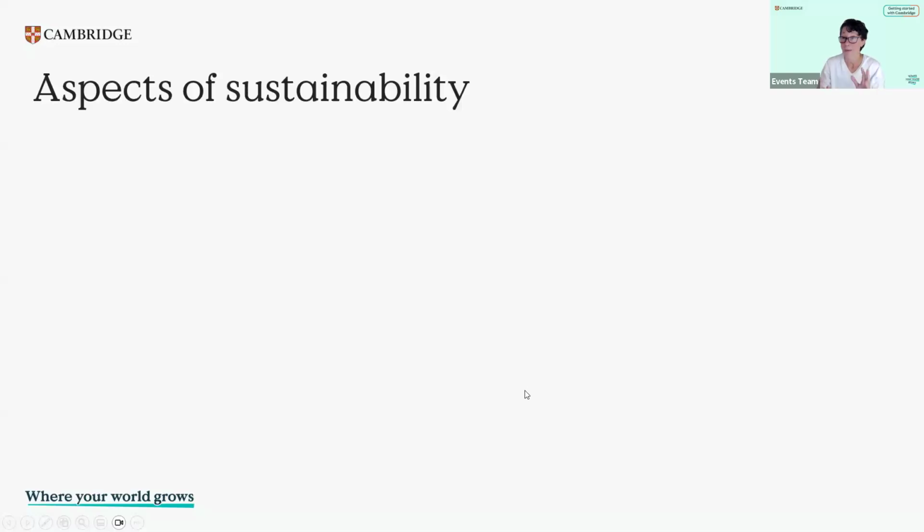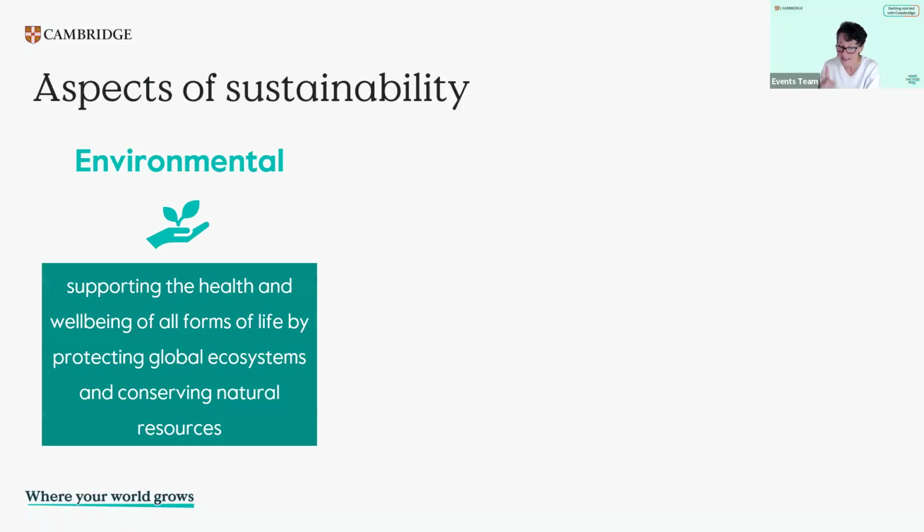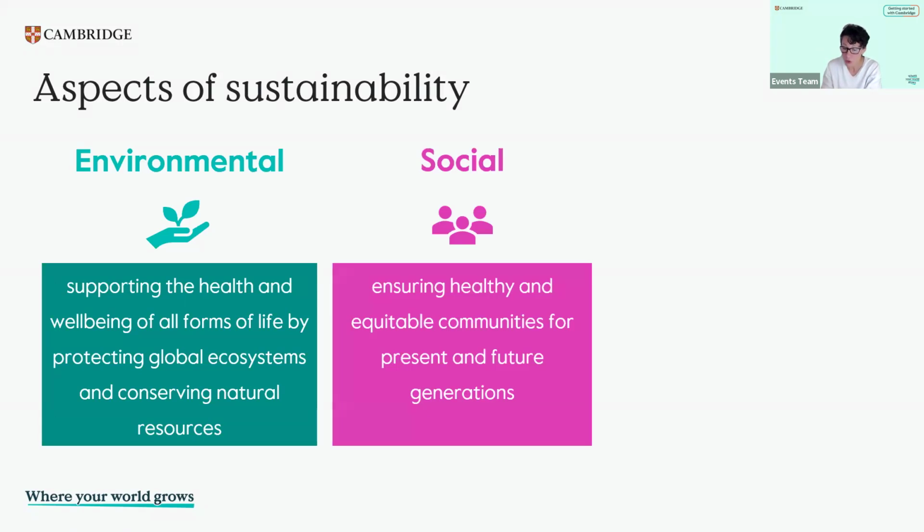So if we think about aspects of sustainability, yes, it is environmental, which could simply mean that for our learners, they use both sides of the paper to write on. But it's also social.